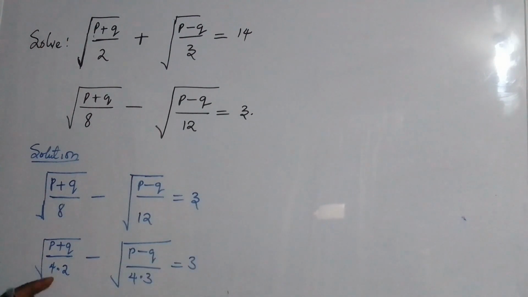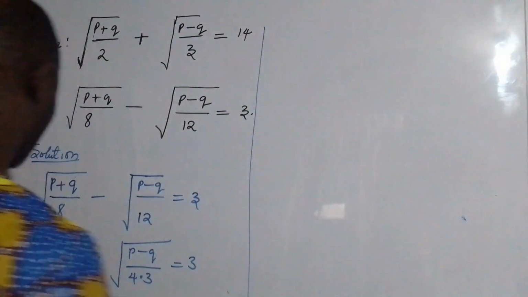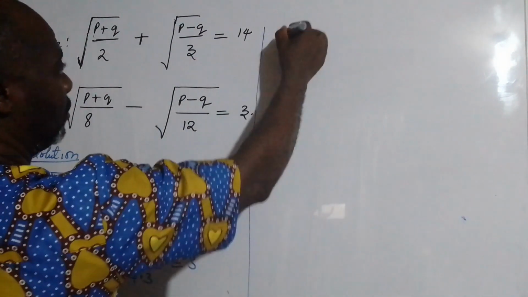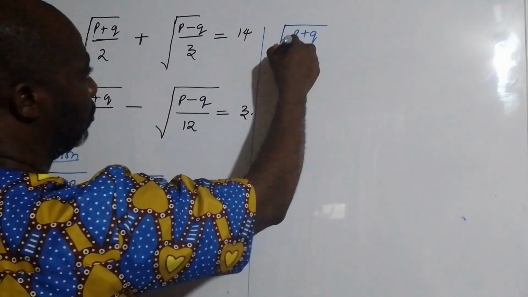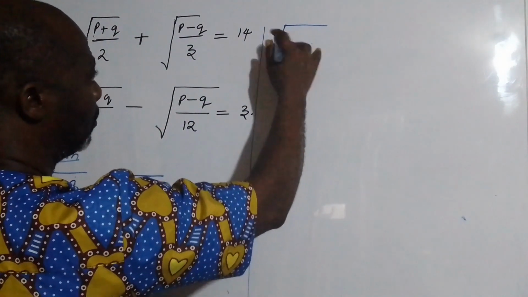Now I'm going to separate this. I'll split this up, so I'm going to have square root of p plus q, this is how I split it up.